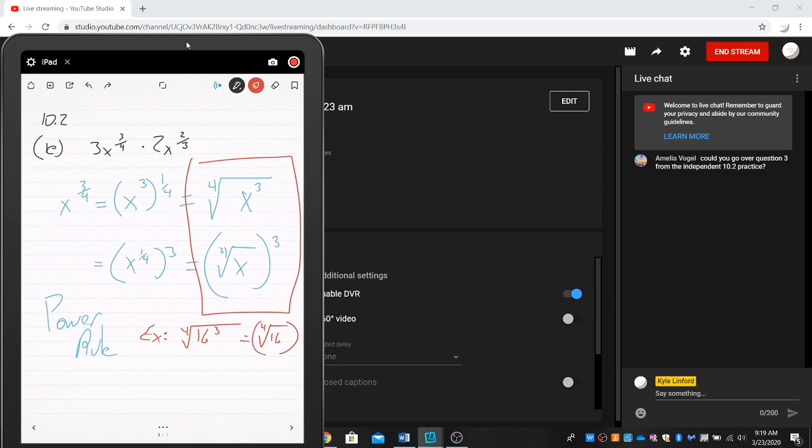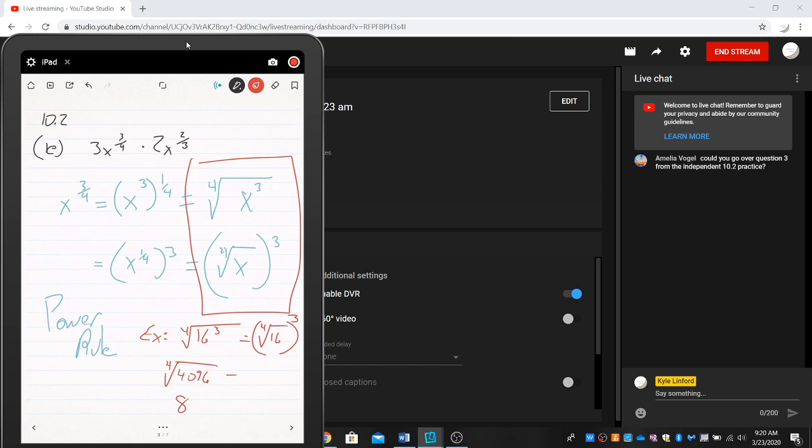Again, that's a terrible 3. Let me fix that. Okay. So 16 cubed, 16 to the 3rd power, is 4,096. So we're going to take the 4th root of 4,096. So when I do that, I should end up with 8.